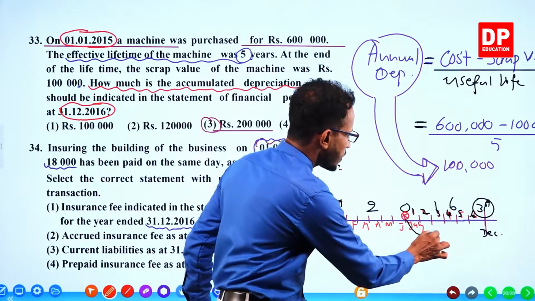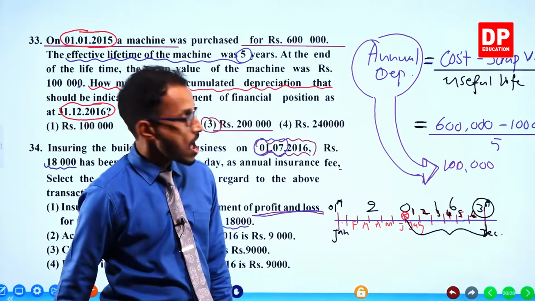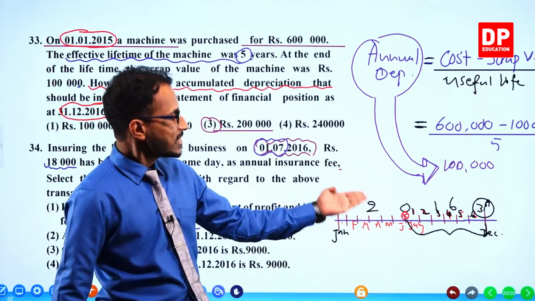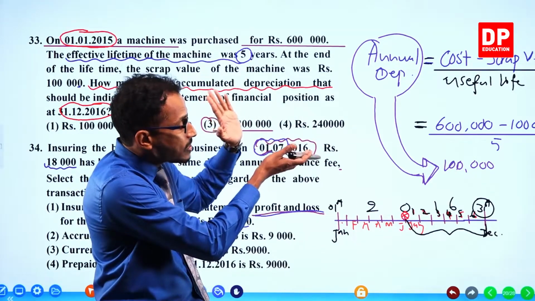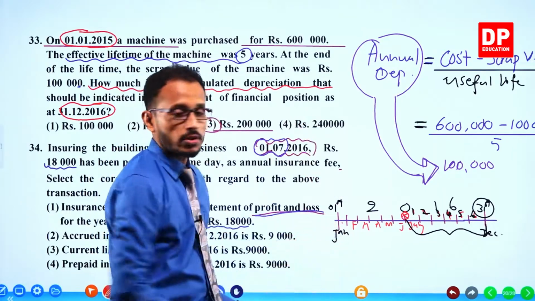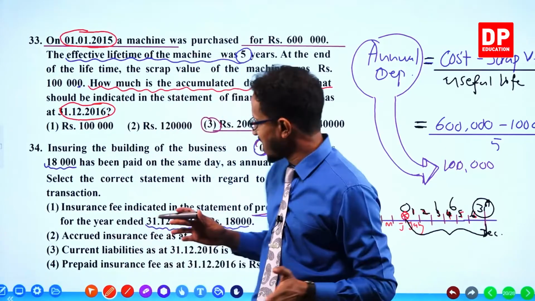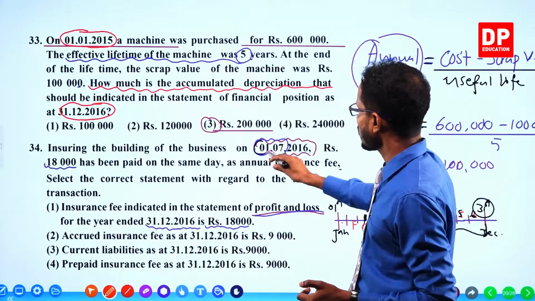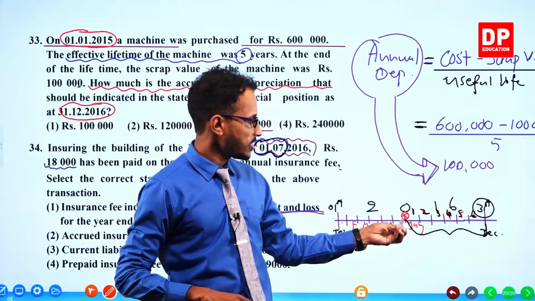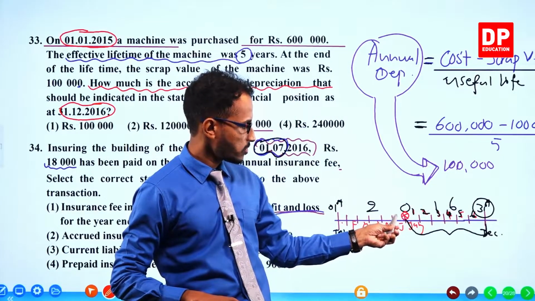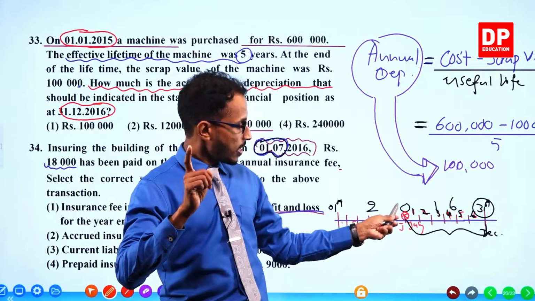This period is the accounting period of 2016 that was covered from the insurance. I'm just telling you very simply, the insurance policy was taken on 1st of July, that is here.